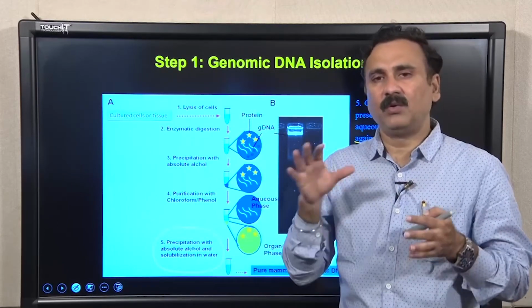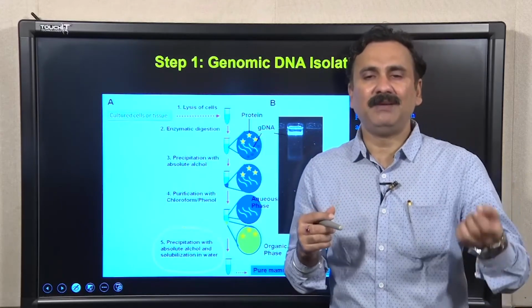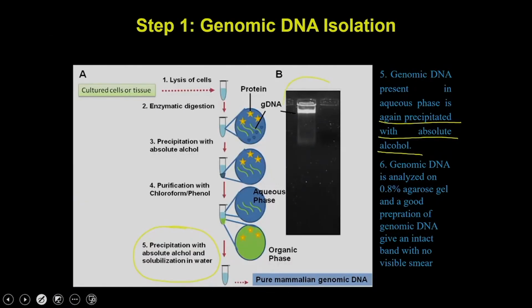At the end, you are going to get the genomic DNA, and then you can make a small aliquot and run it on an agarose gel, and it should give you an intact band of the genomic DNA.